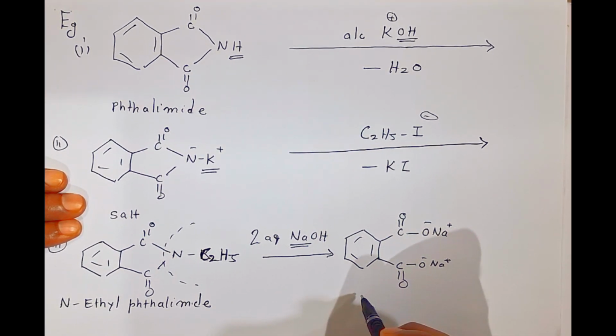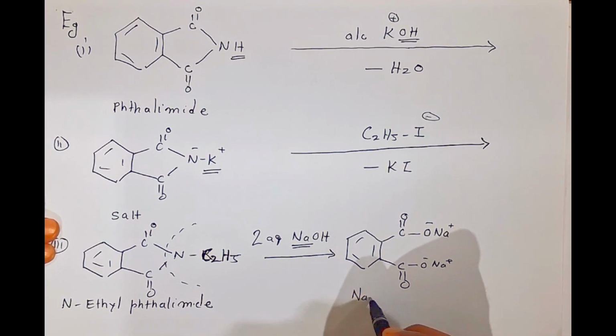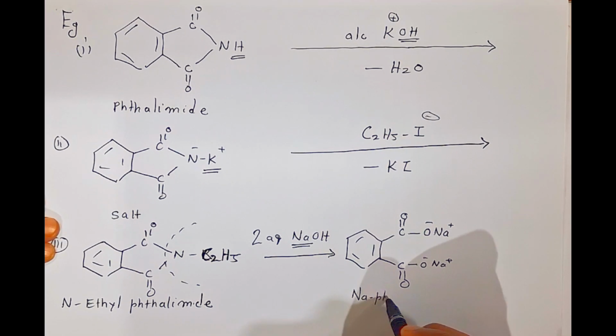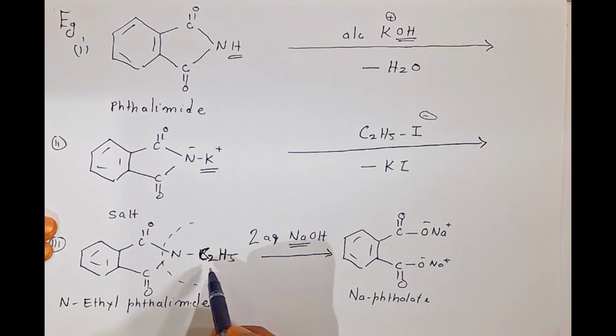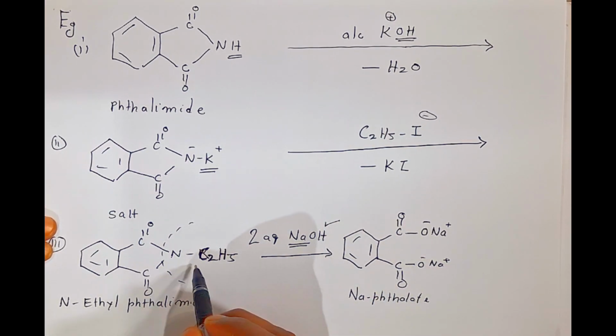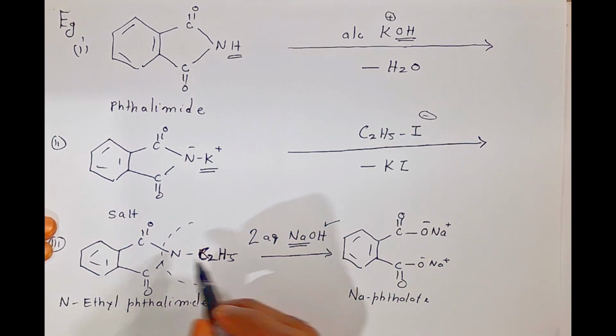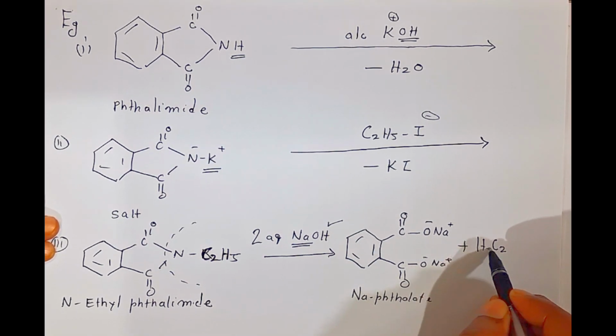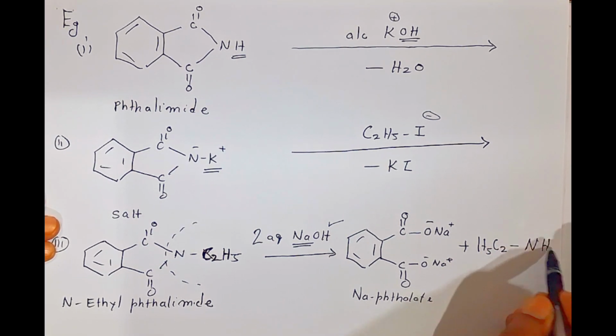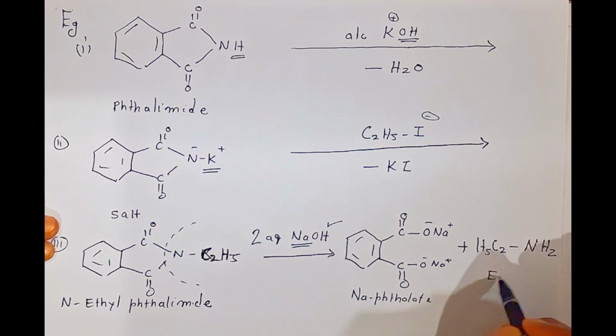And this hydrogen now combines with ethyl and nitrogen, C2H5 will be as it is, and there is a formation of ethylamine. This is ethylamine.